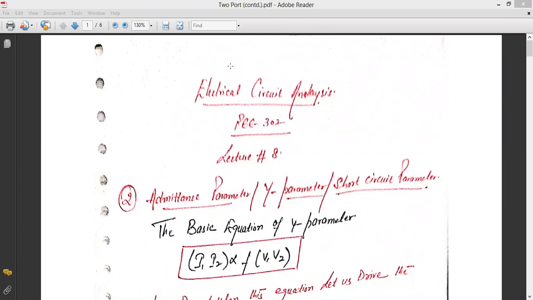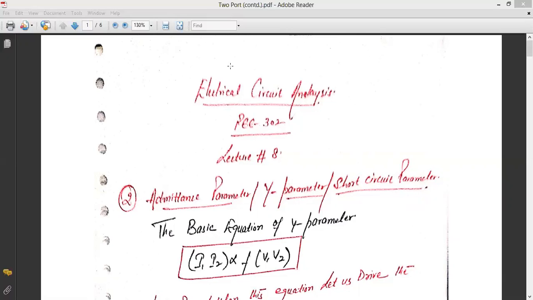In the previous lecture we were taught two-port analysis, and in two-port analysis we have a total of 6 parameters: Z, Y, A, B, C, D, inverse A, B, C, D, G and H parameters. Every parameter has its basic equation, and based upon this basic equation we solve for the parameters. Every parameter has 4 basic parameters.